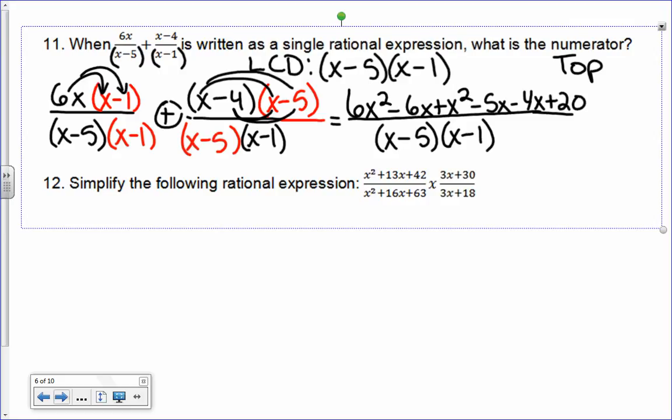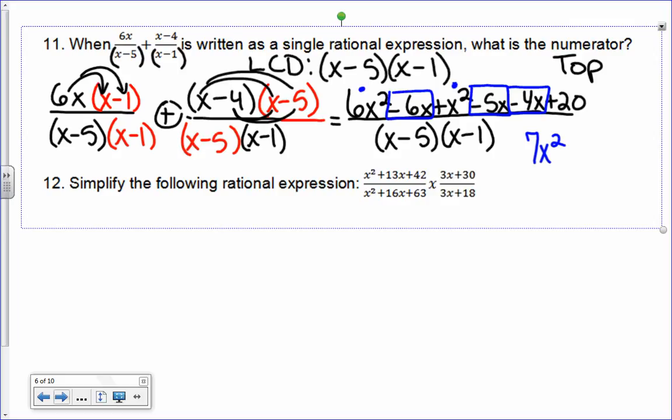So it wants to know what the top is. So if I combine all these things on the top, I can find this answer. I'll start with the x squareds. 6x squared plus x squared, that's 7x squared. Negative 6x minus 5x minus 4x.